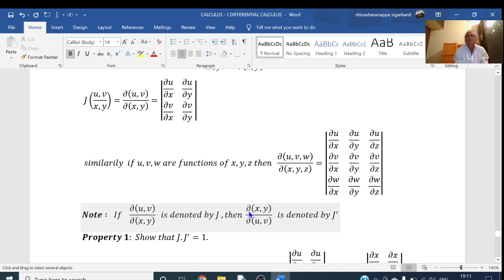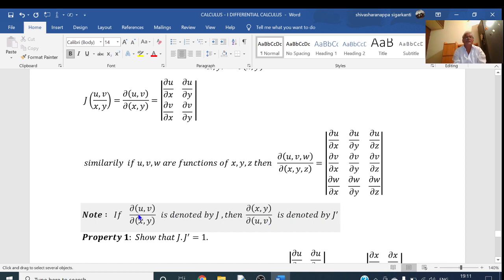Then we can define the Jacobian of x and y with respect to u and v as the determinant whose first row is the partial derivatives of x, second row partial derivatives of y with respect to u and v. That is, first row is ∂x/∂u, ∂x/∂v. Second row is ∂y/∂u, ∂y/∂v, and we denote this by J dash.